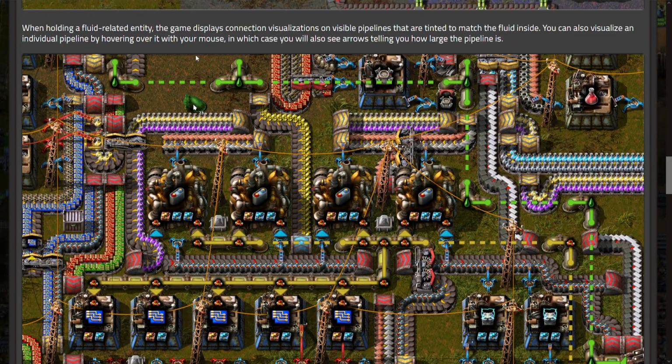Basically, when holding a fluid-related entity, the game displays connection visualizations. It shows where the pipe is going, basically.